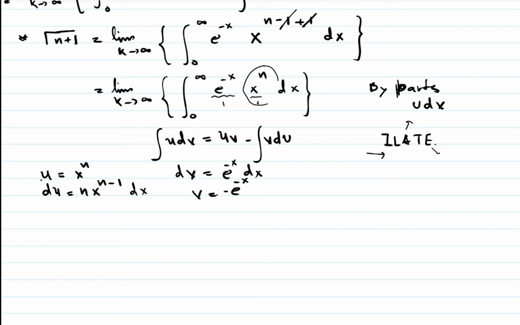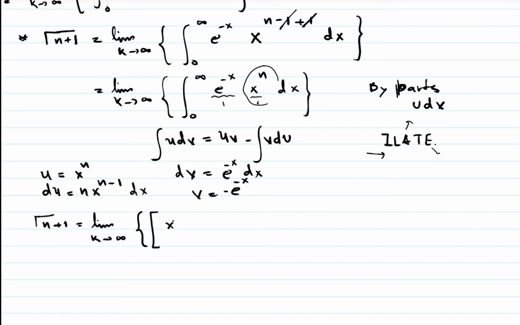So we have found u, du, dv, and v. With that, we can now replace, saying gamma of n plus 1 is equal to the limit as k tends to infinity of this. This was our original function, and now it has to be divided into the terms uv minus the integral of v du.